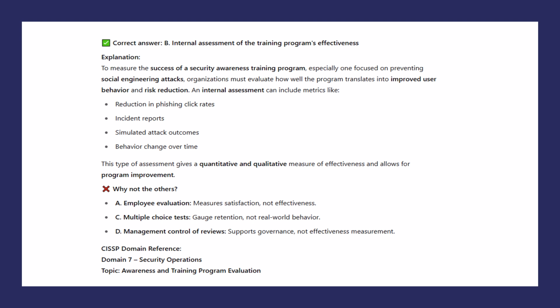An internal assessment can include metrics like one, reduction in phishing click rates, two, incident reports, three, simulated attack outcomes, and four, among others, behavior change over time. This type of assessment gives a quantitative and qualitative measure of effectiveness and allows for program improvement.